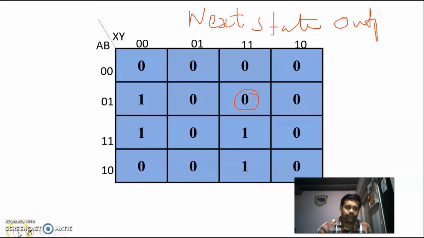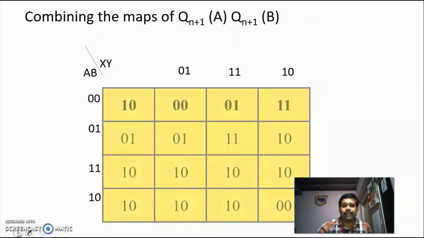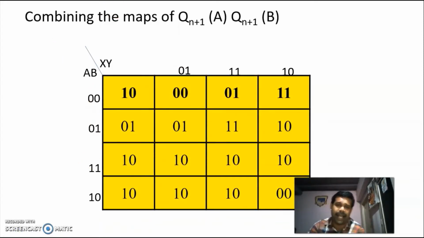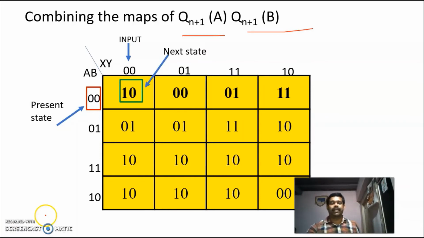Now, next what we are doing is we are combining the map of Qn of A and Qn of B. So we combined them and we have got it like this. This is the present state, this is the input, and this is the next state. From this, we are going to form the transition table first.